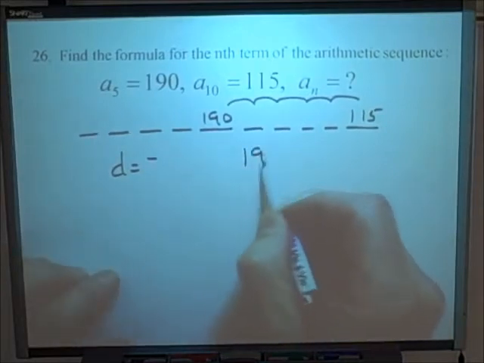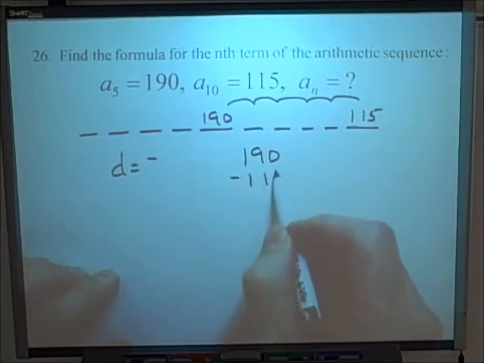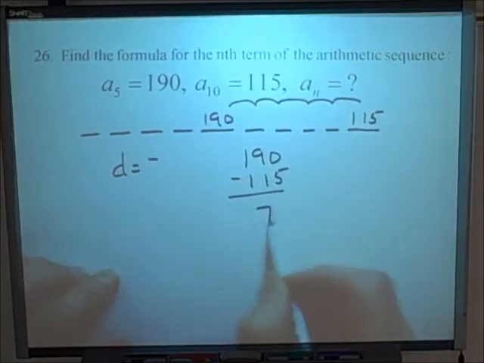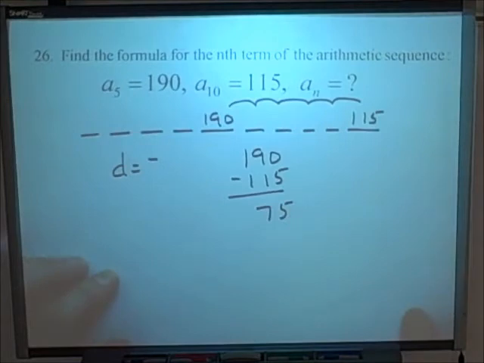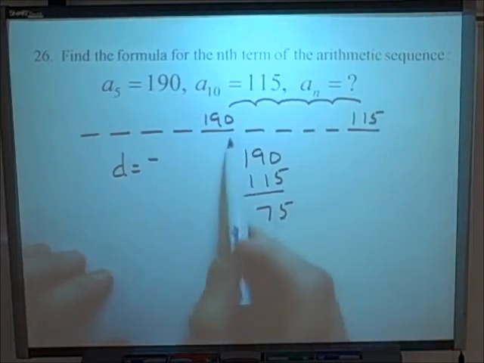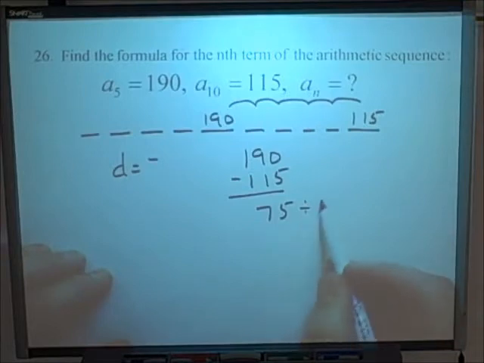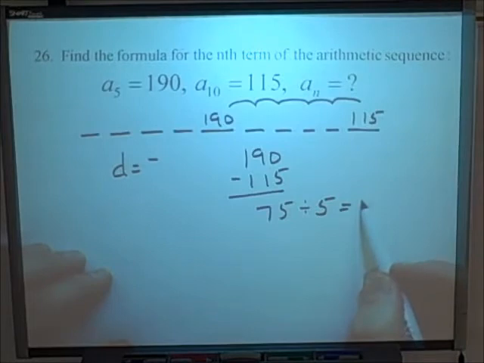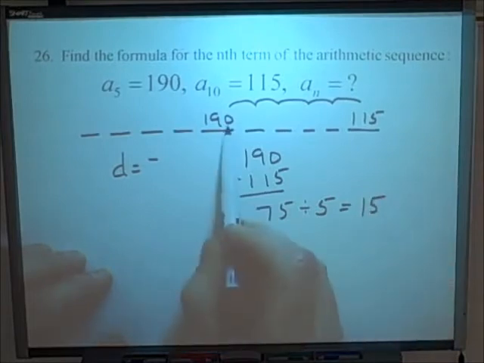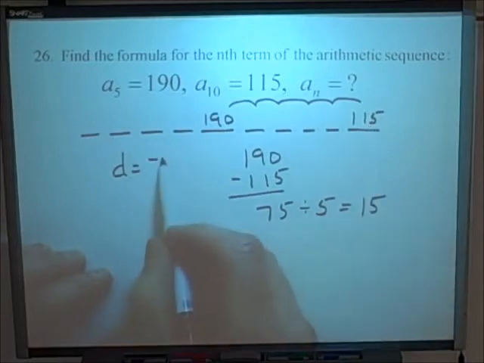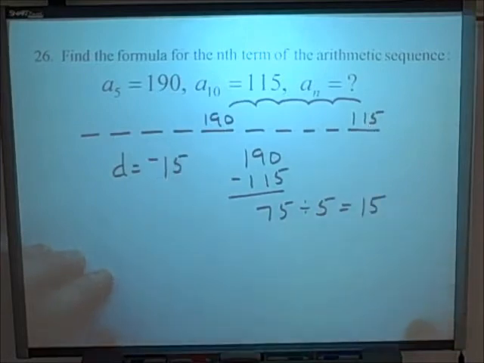Well, 190 minus 115 is 75. We cover a distance of 75 in 5 steps. If this is arithmetic and every step is the same, then each step should be 15, but don't forget, we're going down, negative 15.